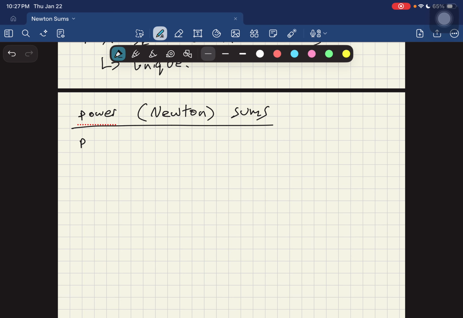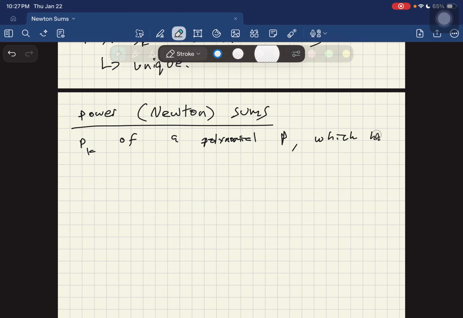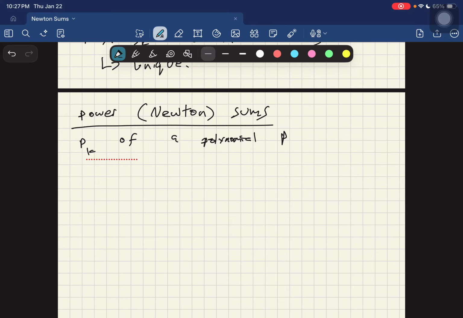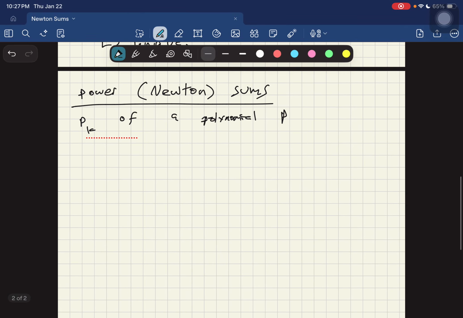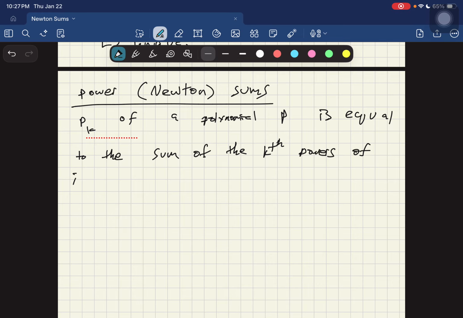Let's say the power sum pk of a polynomial P is equal to the sum of the kth powers of its roots.